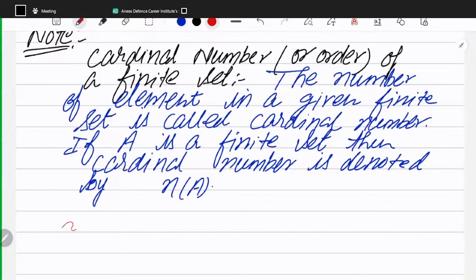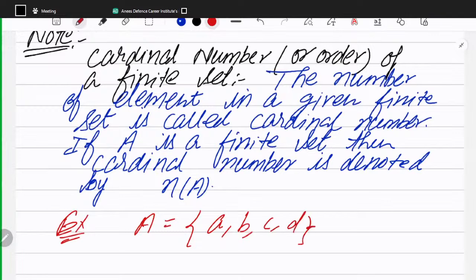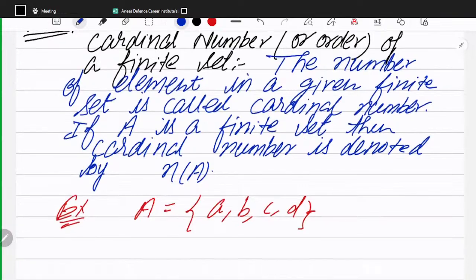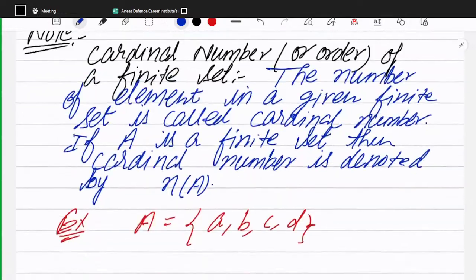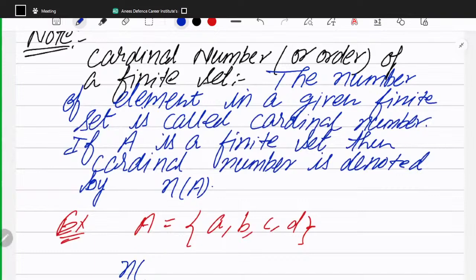Example, A, B, C, D. Because in the set there are four elements, that's why n(A) is equal to 4. Means the order of set A is 4.